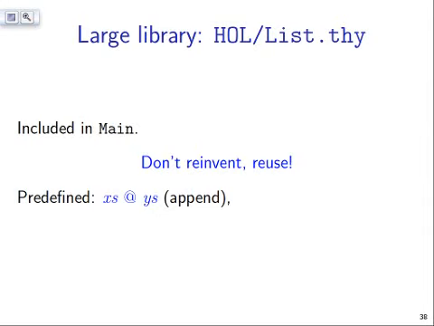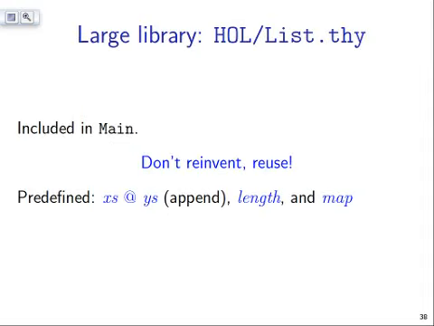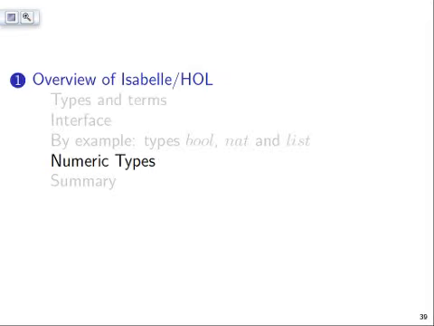In particular, note that we already have an append function, the infix ampersand, and a length function, which does the obvious thing, and a map function, which is something crucial for functional programming. You can find lots more stuff in that theory, but I think this will get you a long way.